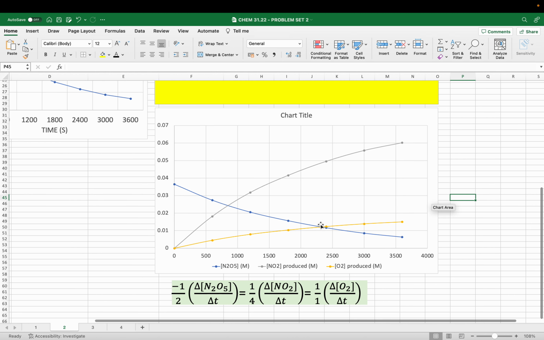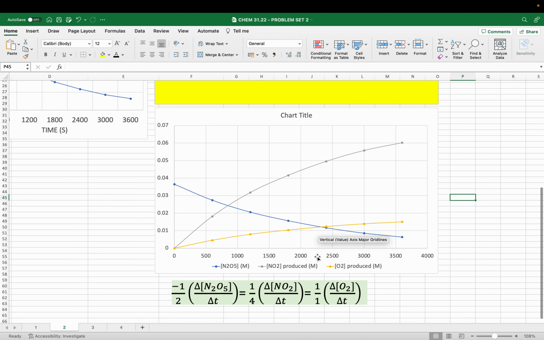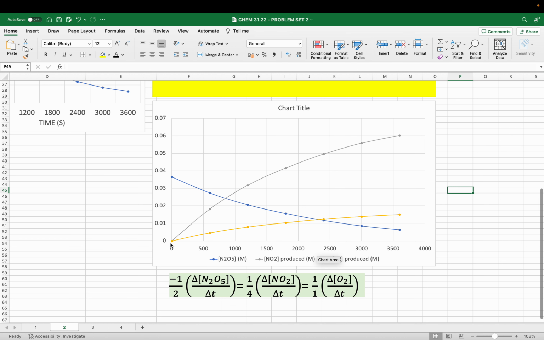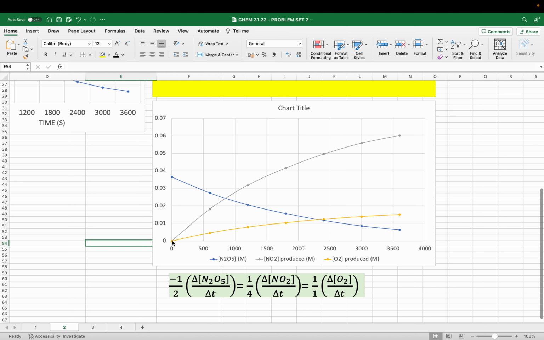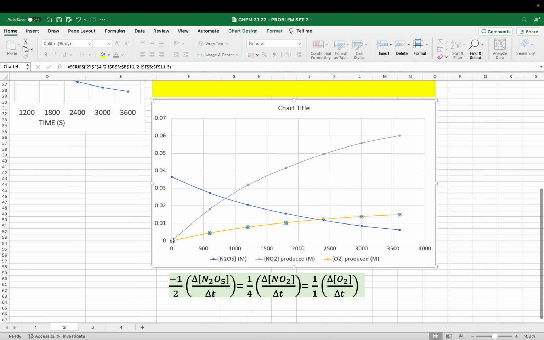And you can actually solve for just how much faster or slower each of these rates are at any given point in time by simply looking at this expression. So let's look at time equals 0, the initial rate at this time equals 0 area. We can say that the rate of O2 is actually 1/4 the rate of NO2, meaning this yellow graph's slope at point 0 is 1/4 the slope of this very steep gray graph.